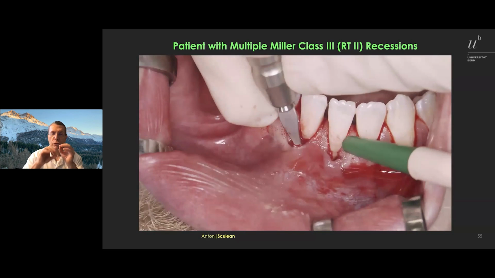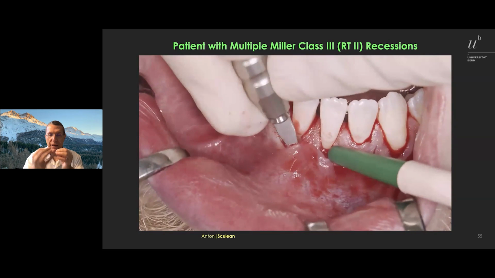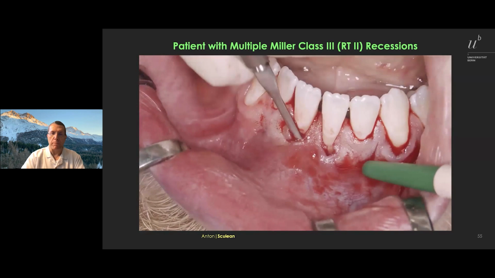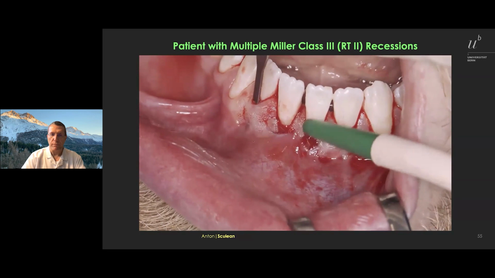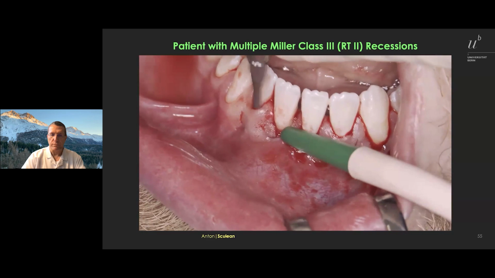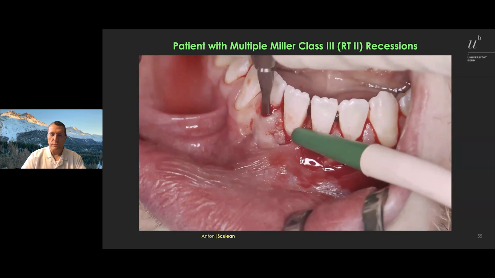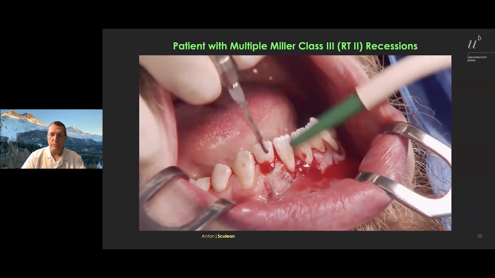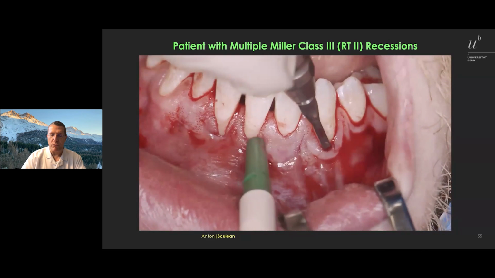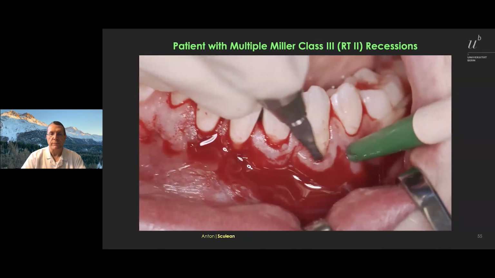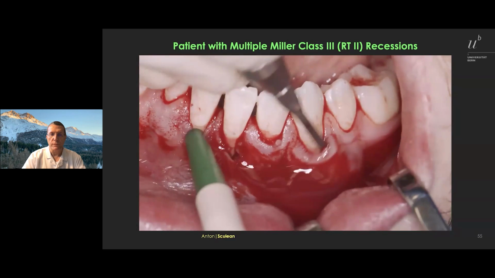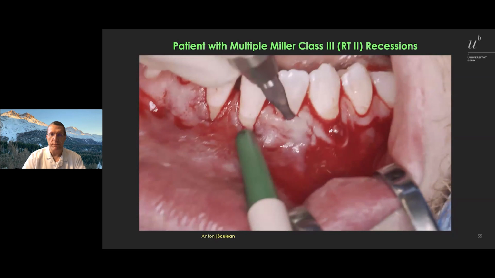So I like to use these so-called microsurgical long blades, the Kirkland blades. Very, very carefully, releasing also the fibers, moving the tissue coronally.